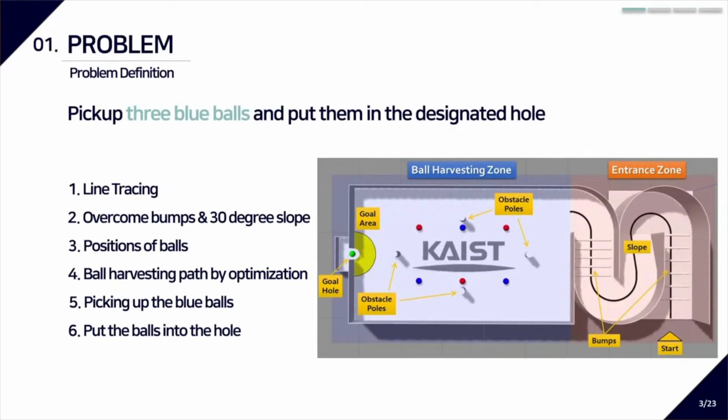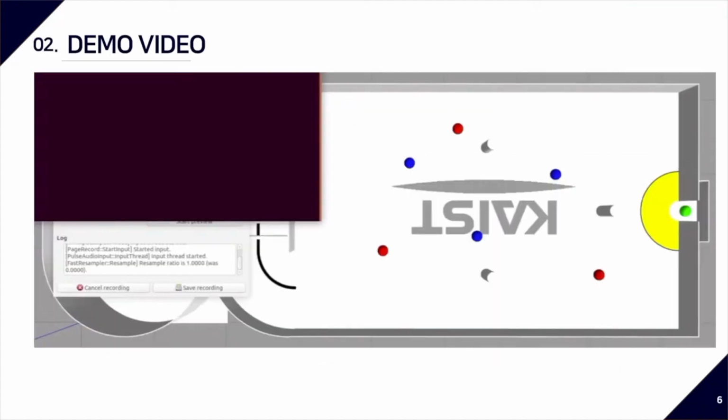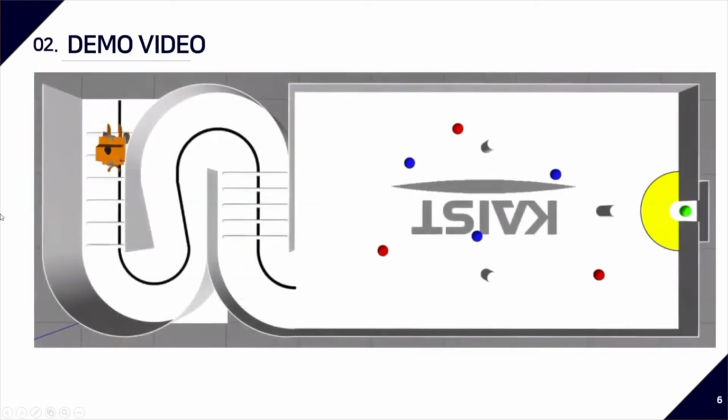In this project, we are given the task to pass through the entrance zone, collect all 3 blue balls in the harvesting map, and dump them into the goal area. Let's see the demo video that we created. First, it proceeded with line tracing in the entrance zone, overcoming the slope and the bumps.